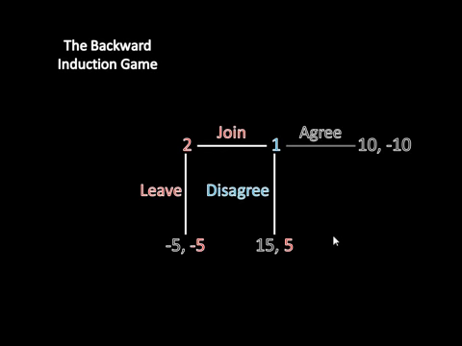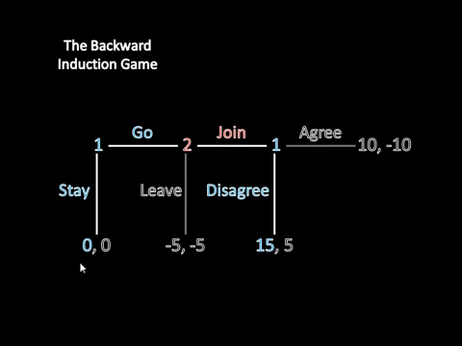Now we can work back one last step, and we get to the original game as a whole, where we've just replaced these agrees and leaves with a join-disagree. So we know that if player 1 goes, it's automatic that player 2 is going to join and player 1 is going to disagree, and we'll end up in this outcome. Given that, player 1's choice is between staying and getting 0, and going, having player 2 join, and then player 1 disagreeing.